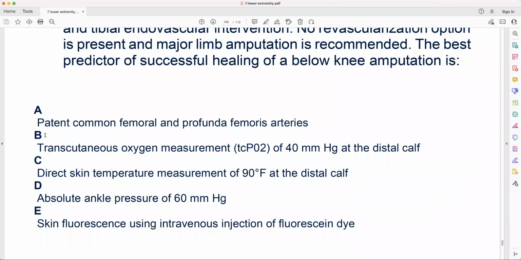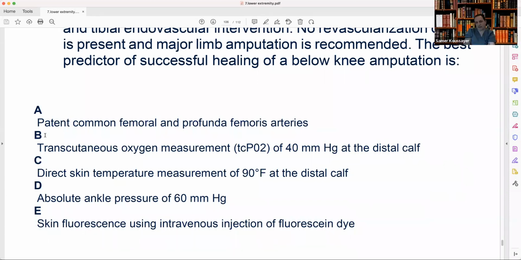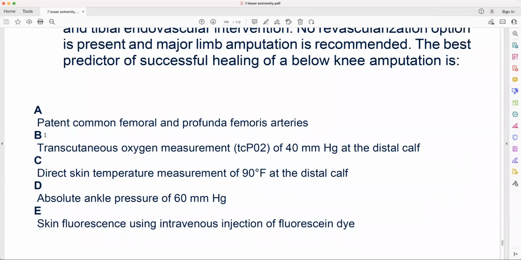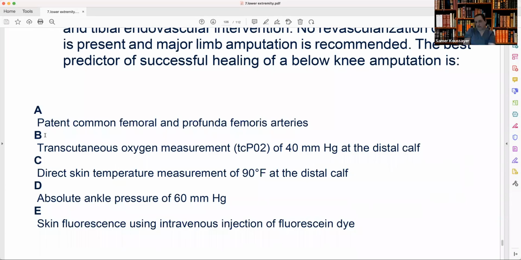Yes, distal calf. Because we do a posterior flap. We cut the bone just below the knee, but when you cut the skin, you cut almost down to just above the ankle because you need a long flap to turn up. So of course, if the infection is going above the ankle, like maybe 10, 15 centimeters, then you cannot do the amputation because the posterior flap will be infected.